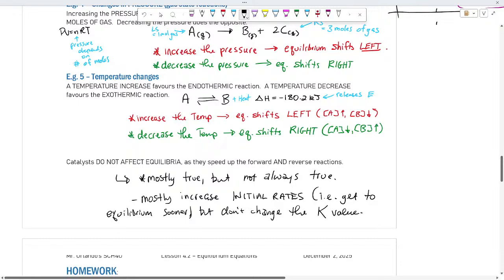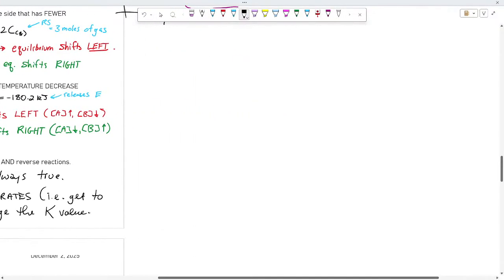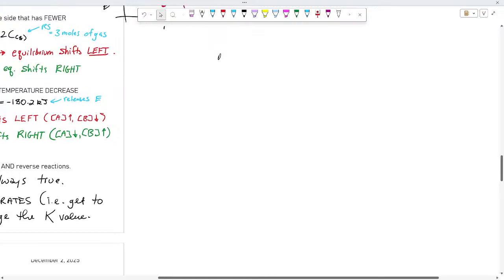Wouldn't endothermic have heat on the left side? The heat goes on the left side. Well, not temperature, the heat, right? Oh yeah, that's right. So it's not going to favor the right side because that would make more heat. If you increase the temperature, it's going to favor the side of the reaction that is not heat.